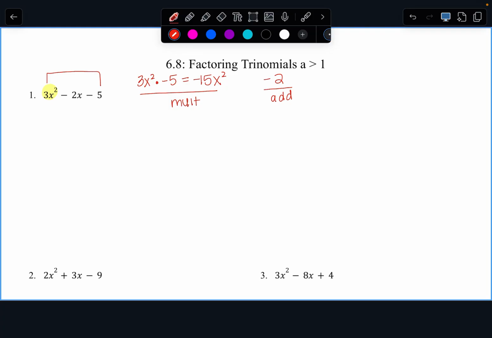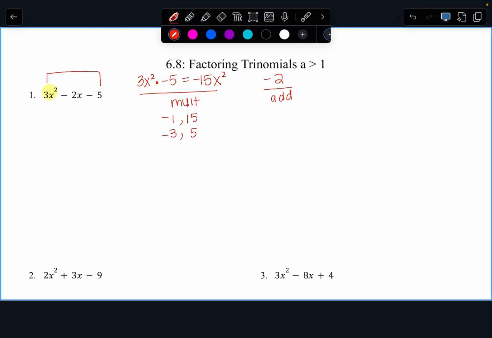So what are the factors of 15? Numbers that multiply to get 15. 1 and 15. 3 and 5. But it's a negative. Anytime your multiplication piece is a negative, that tells you one's negative, one's positive. They're going to be different signs.